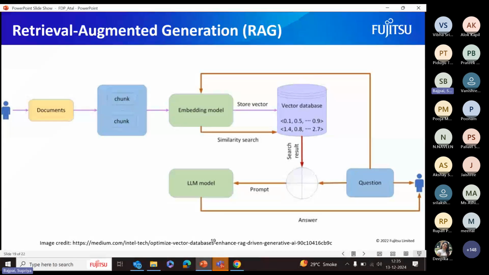I generally use ChromaDB, I prefer it. But there are many available which are cloud-based, and you can also use them locally on your system. Think of it as a giant map where all the ideas are grouped together.